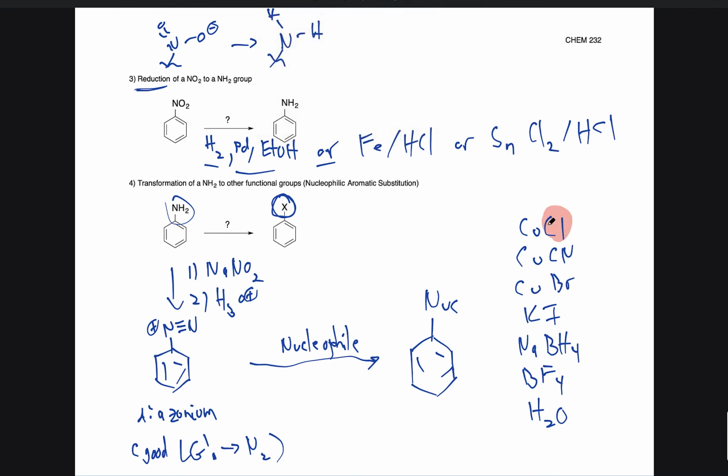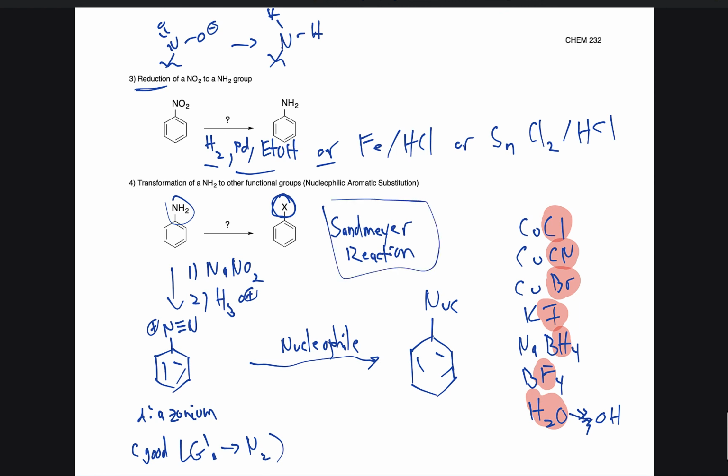For all these conditions, these groups are what get added as the nucleophile. So for sodium borohydride, we're just adding in the hydride, right, and a hydrogen, fluorine, and then for H2O down here, we add OH, essentially. Okay. And these are all sort of variants of the reaction called the Sandmeyer reaction. And these work really, really well in a lab setting. A lot of these reactions do actually work really, really well.